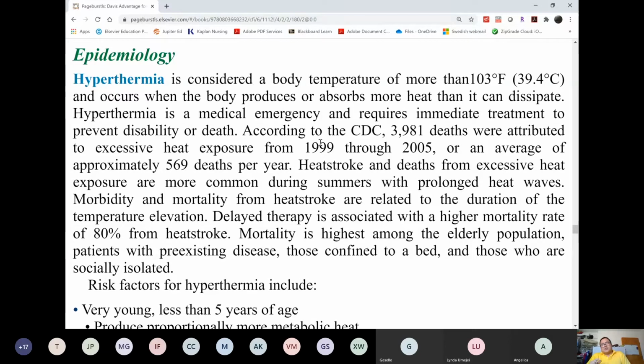So let's say, just hypothetically, your set point is 98 degrees. The set point is like the thermostat. Let's say you put your house thermostat at 98 degrees. Of course, when the temperature goes higher than 98, what will your AC do?